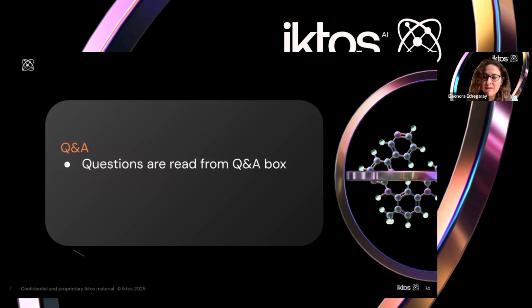The next question is in Japanese. So Mitsuki, if you can translate, please. Yes, the question is, please tell us more about the Iktos robotics platform. That's a good question. It would take 1 hour, but it's good because for the next webinar, we will focus more on the robotic aspect.